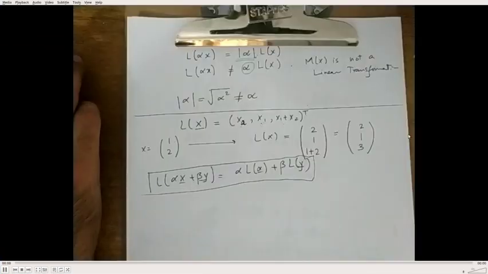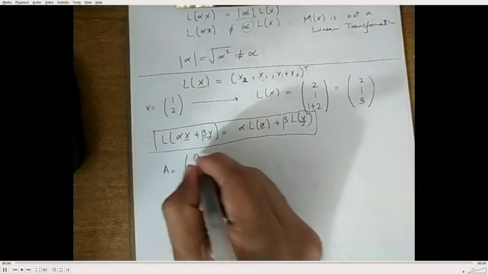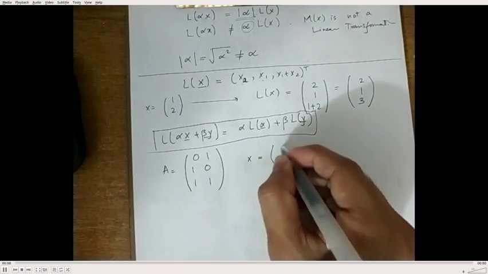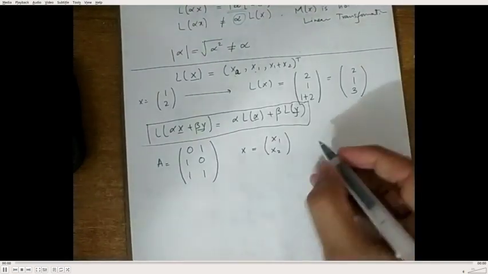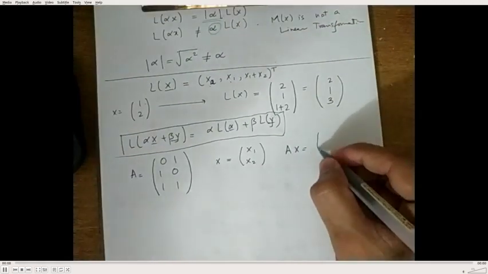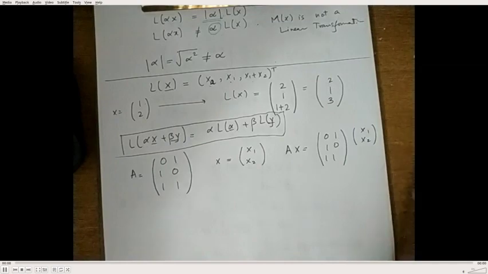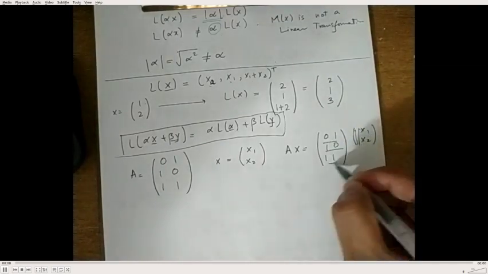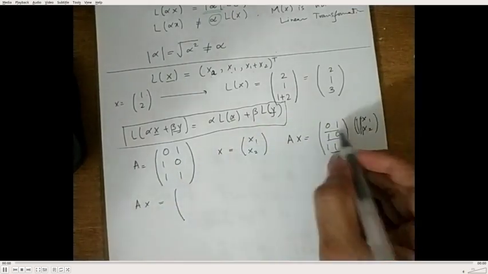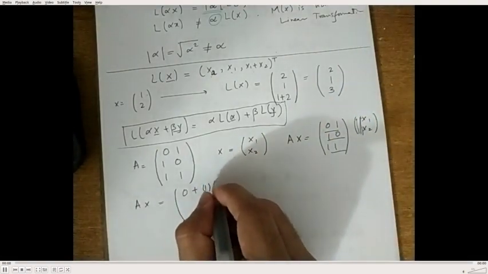Let's verify this on our own. We have the matrix with rows (0, 1), (1, 0), (1, 1), and x is x1 and x2. What happens when I multiply this matrix with x? Row by columns, the first component is 0 times x1 plus 1 times x2, so x2.